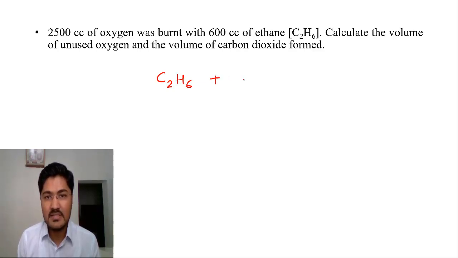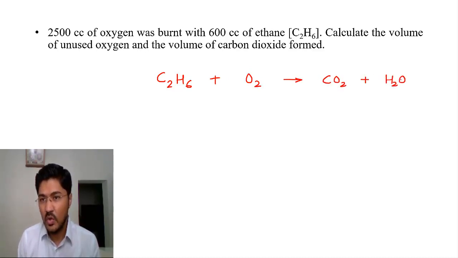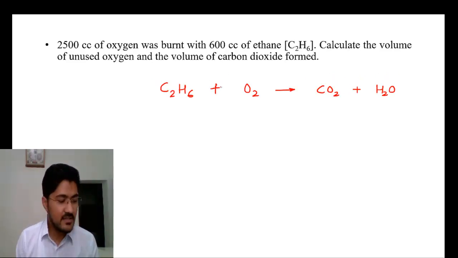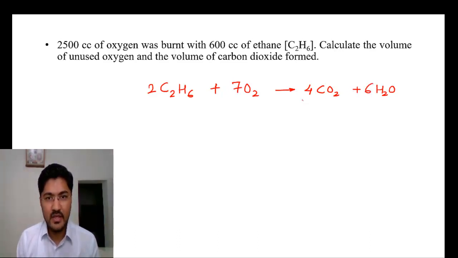C2H6 plus O2 gives CO2 plus H2O. To balance it, we will get 2C2H6 plus 7O2 will give 4CO2 plus 6H2O.